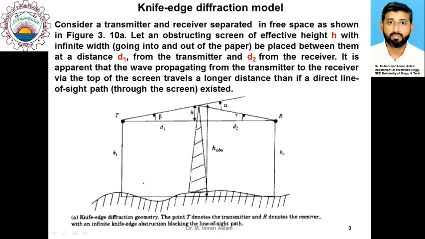This obstruction is placed at a distance d1 from the transmitter and d2 from the receiver. So this line of sight path gets blocked, and the wave goes towards the edge of this screen, and after diffraction it gets bent and goes towards the receiver.